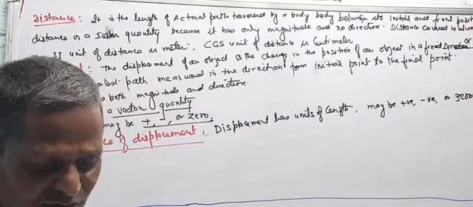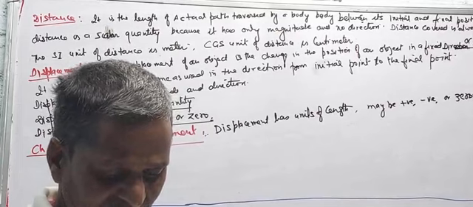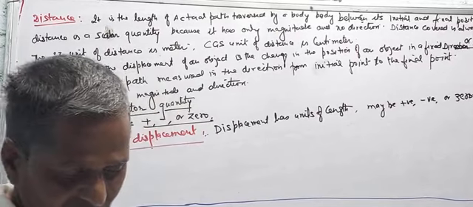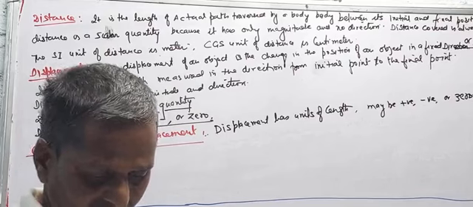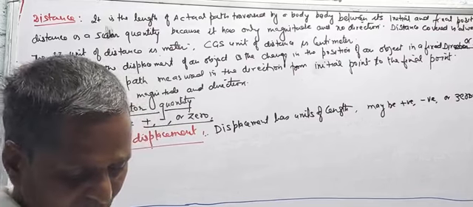When an object moves towards the right in time t1 to t2, its displacement is positive.